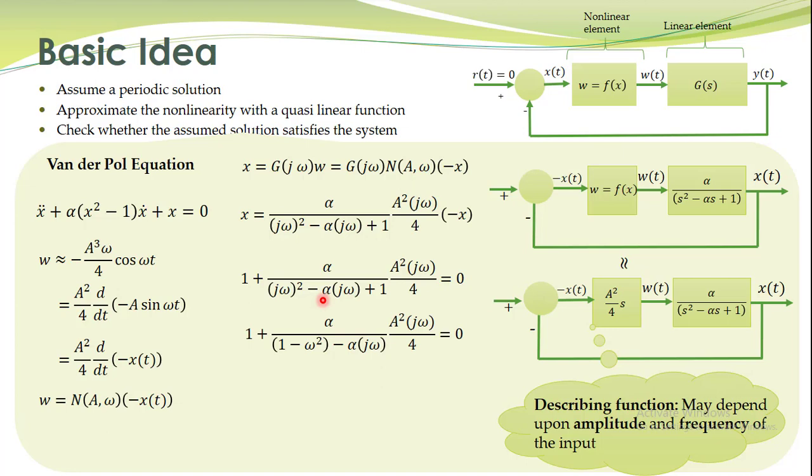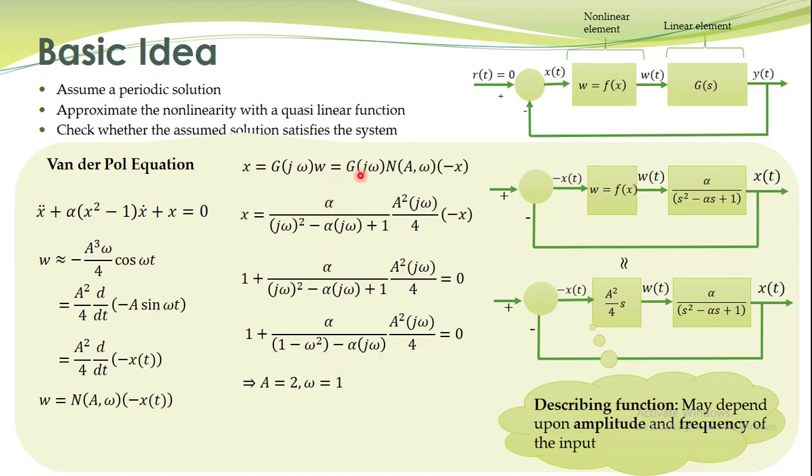So this equation rewritten over here, simply what we have done is we have written this thing and this thing together over here, and then solve it by setting the real part equal to 0 and the imaginary part equal to 0, and we get a equal to 2 and omega equal to 1. That is, the solution to this equation is a sinusoidal signal with the amplitude equal to 2 and frequency equal to 1.